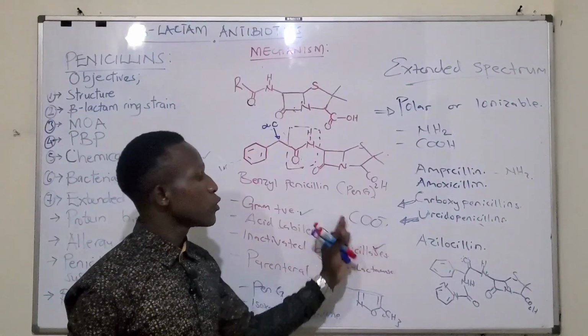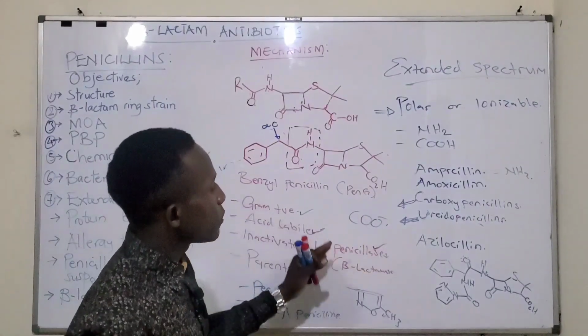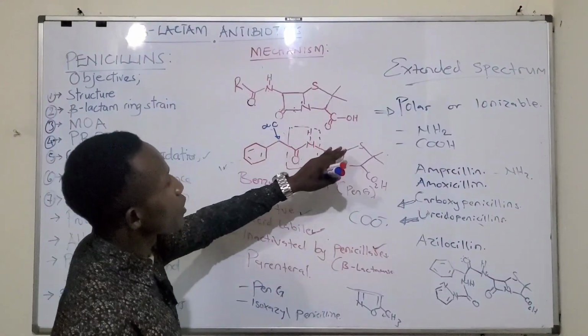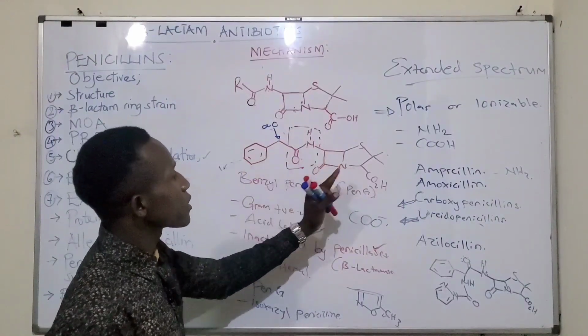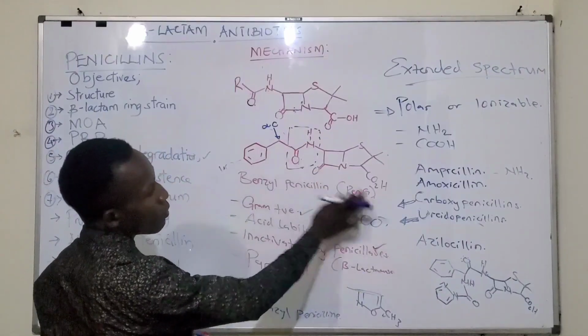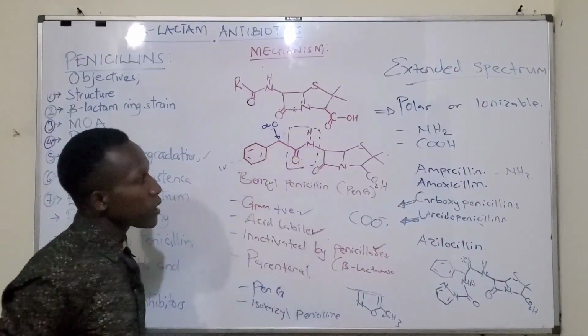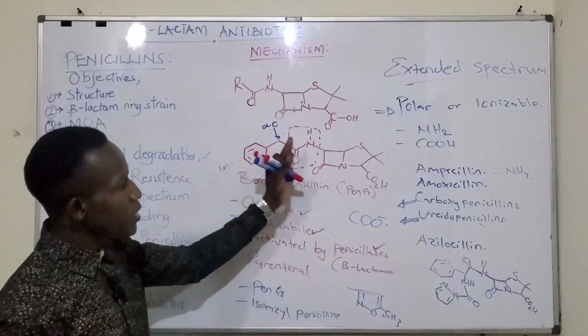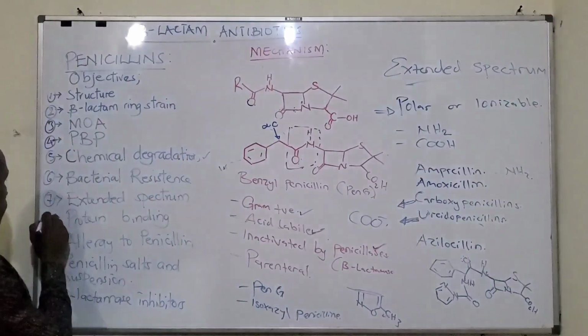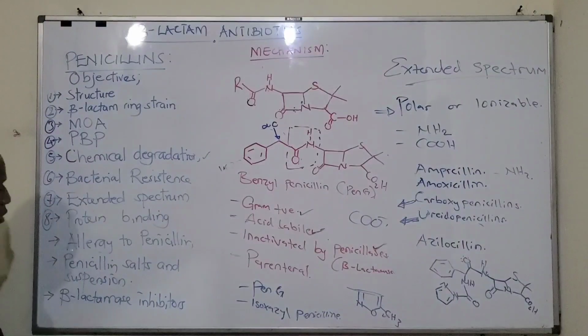So this group will not be available, meaning that here we shall have like benzylpenicillin, which is acid unstable, or acid labile. The carboxyl group for carboxypenicillin will be cleaved. So we shall have decarboxylation in acidic pH. So this one is done.